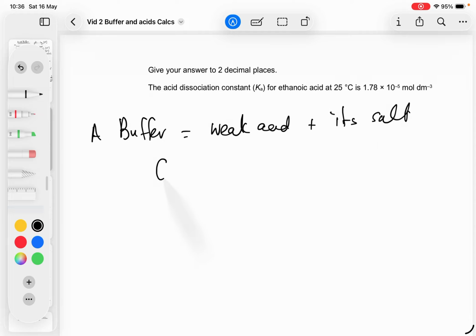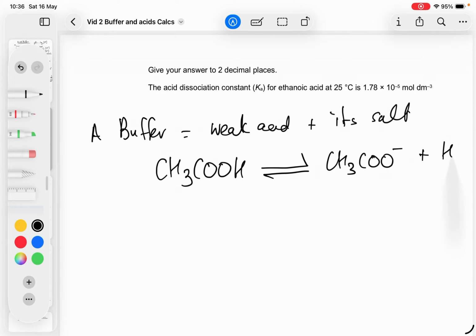So that would be, let's give you the example of ethanoic acid. And the salt of ethanoic acid is CH3COONa, so sodium ethanoate. The salt can be formed by acid plus a base like sodium hydroxide.